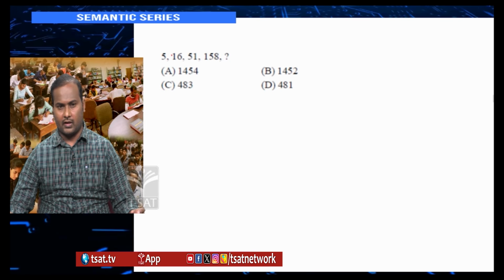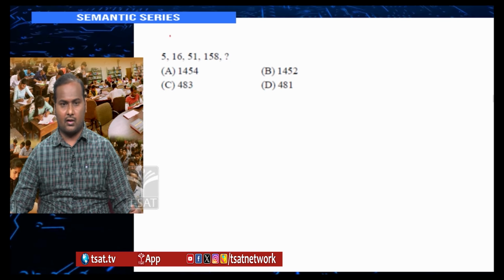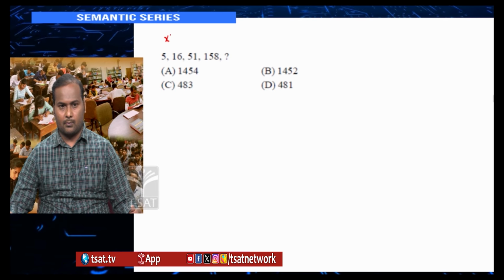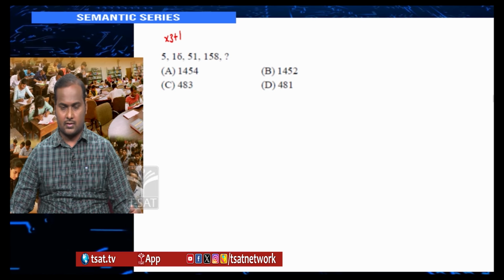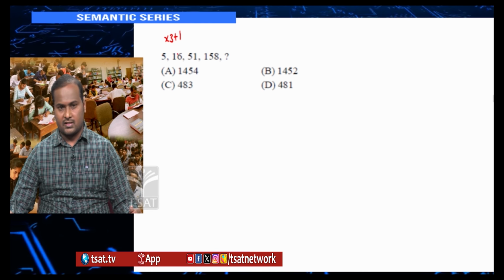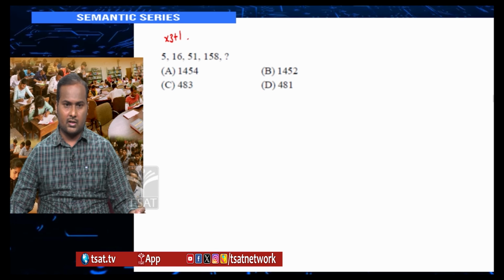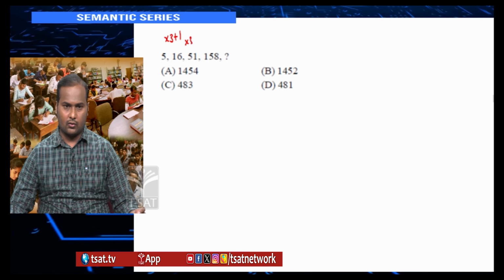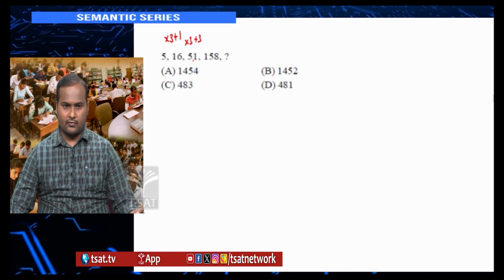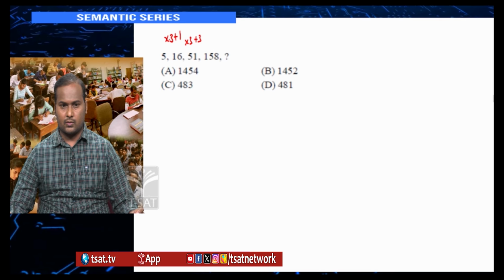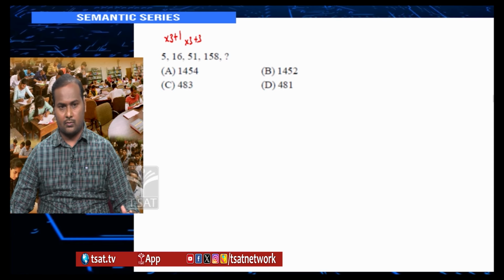For example, from 5 to 16, it is 3 times. So obviously I will write 5 multiplied by 3, 15 plus 1, that is 16. In the same way, 16 to 51, here also it is increasing by 3 times, that is 16 into 3, 48, again plus 3, that is 51. The moment I see this, first one is into 3 plus 1, next one is into 3 plus 3.